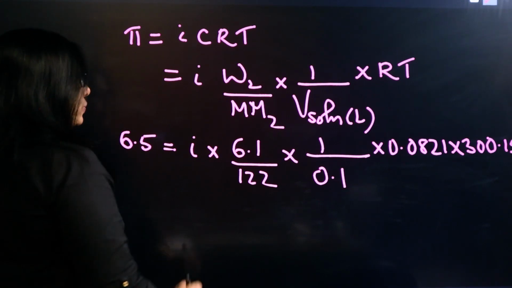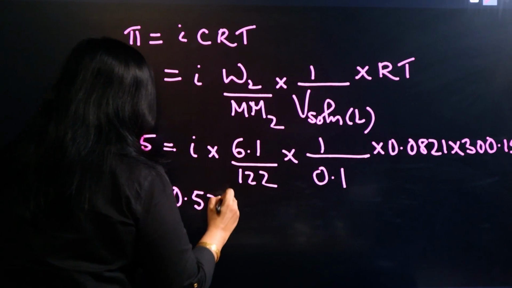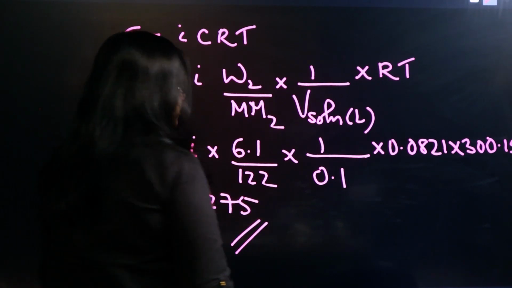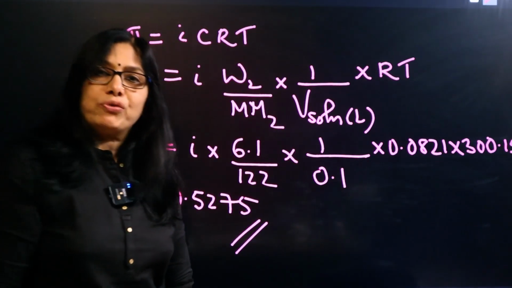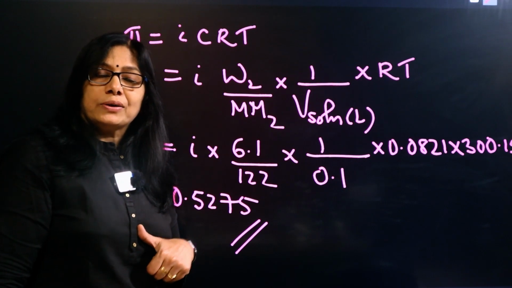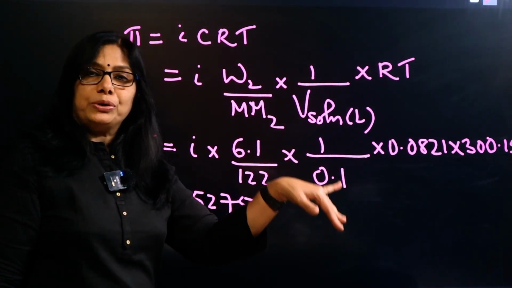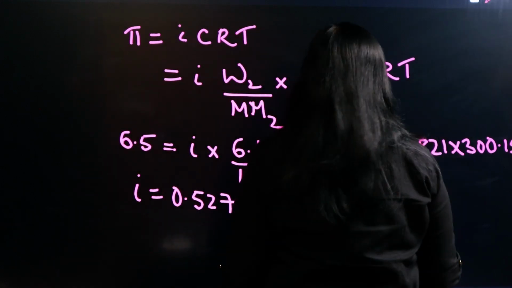Okay, so when you calculate i, you will be getting 0.5275. You can check the calculation. Once you got i, what you can do is put it into the association formula between alpha and i.